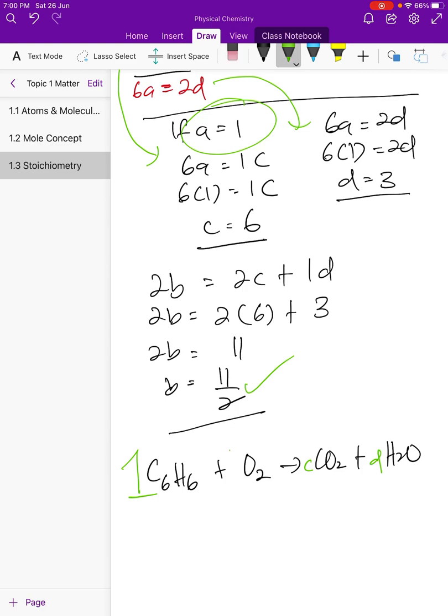We put here 11 over 2. C equals to 6, so we erase and put 6. And D equals to 3. Then it is a balanced equation. This is how you do the algebraic method.